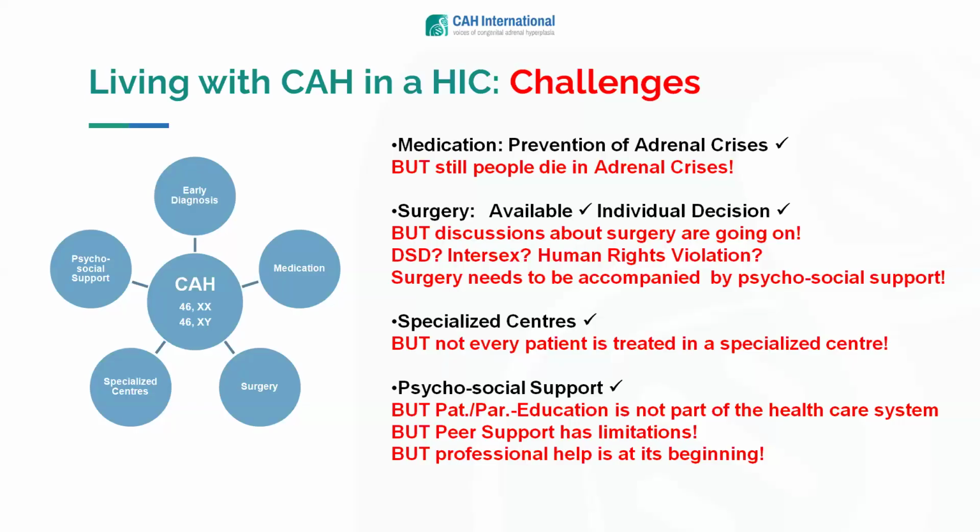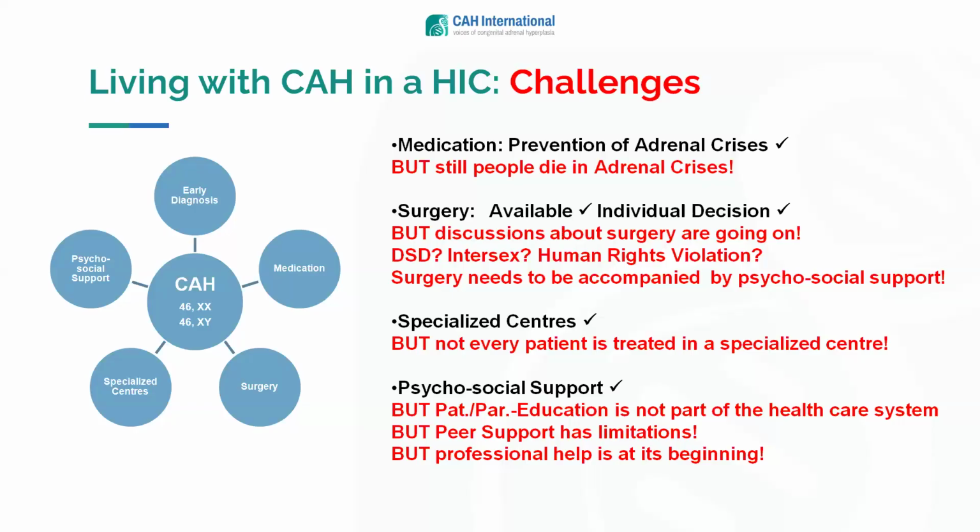And also the psychosocial support has its limitations. Patient and parent education, for example, is not a part of our health system for CAH. I work in diabetes care, and for families who have a child with type 1 diabetes, or also for adults with type 1 or type 2 diabetes, we have so many educational programs.